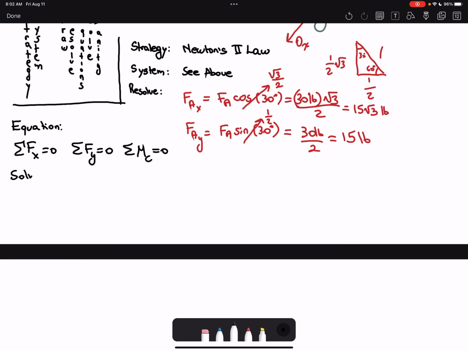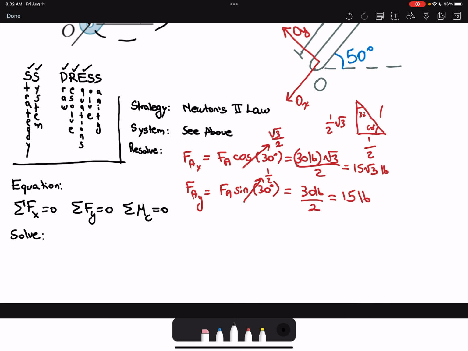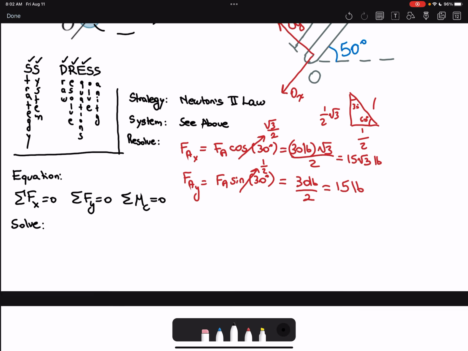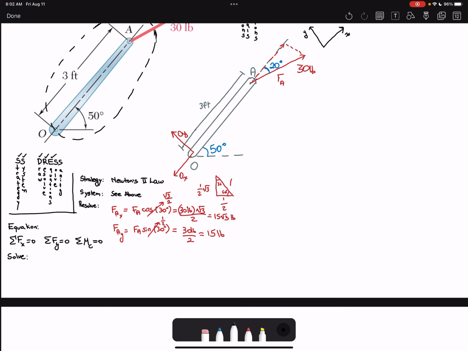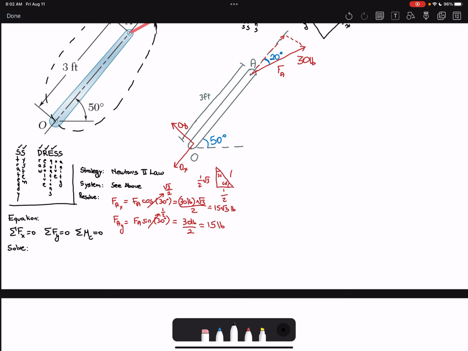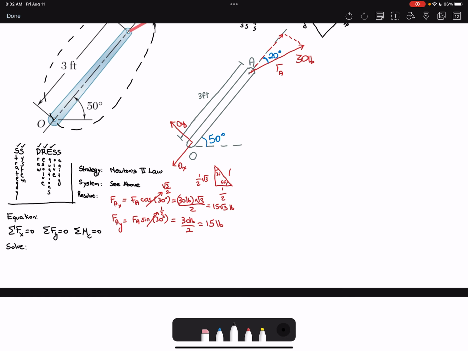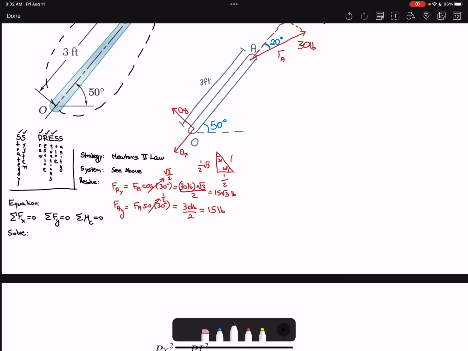And now we're going to do the solve part, right? So the solve part is we're just going to add the forces in the x and the y direction. So in the x is going to be OX, which is going to be in the negative x direction.